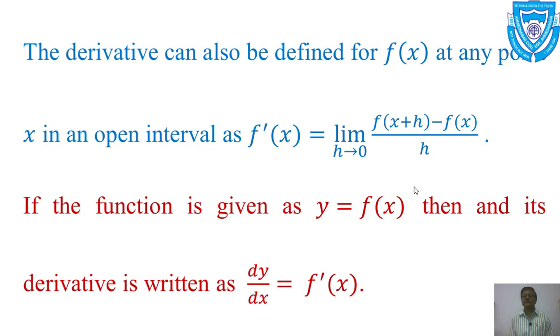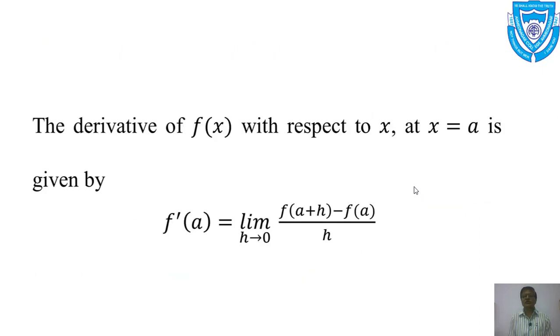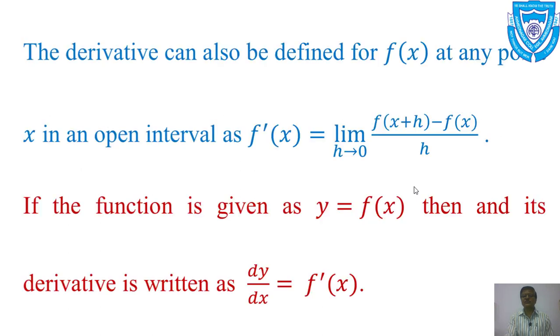So what is the difference? In the previous one, this f dash a means derivative at particular point x is equal to a, and this is derivative of the function at any point x in an open interval.